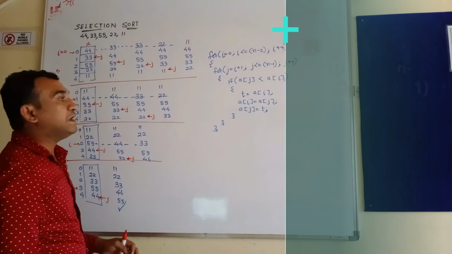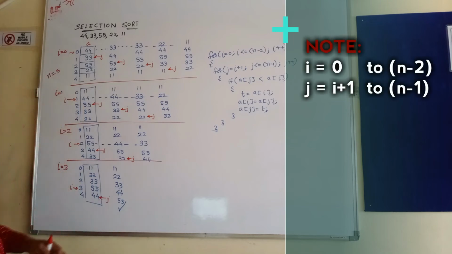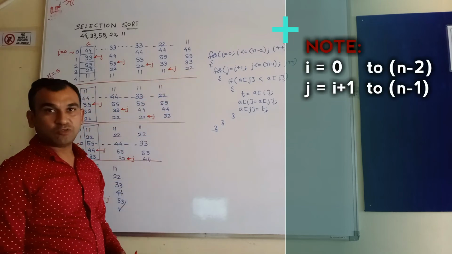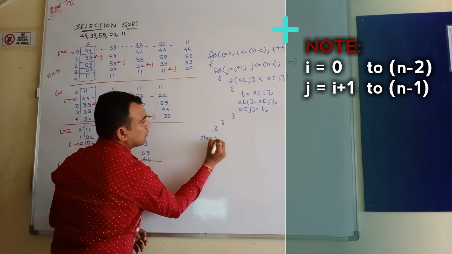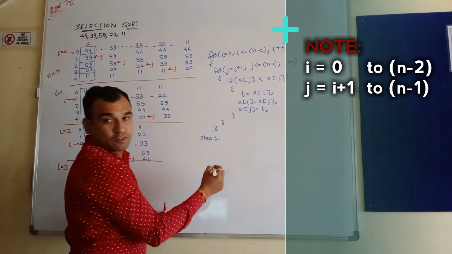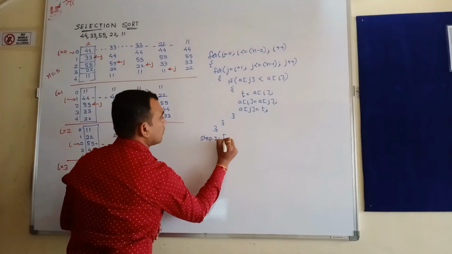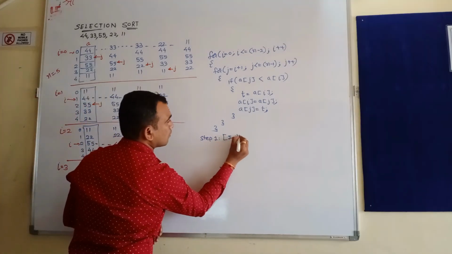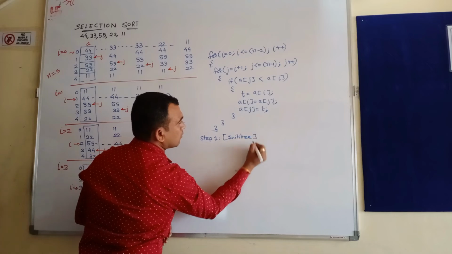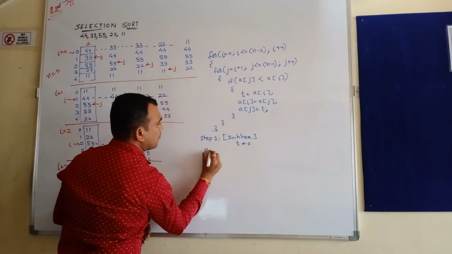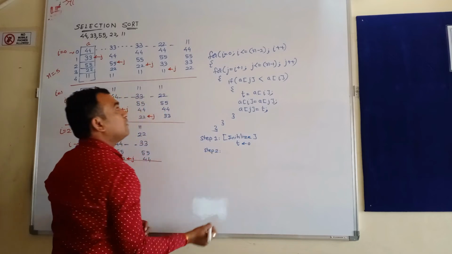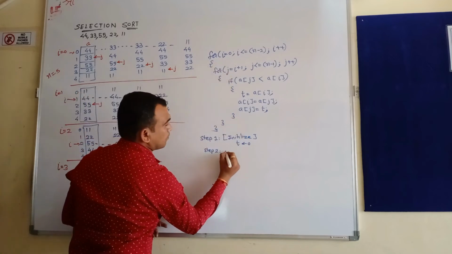Let's start building the algorithm of selection sort. Here we have the loop for the selection sort. Now start with step number 1. Okay. Step number 1, that is initialization. T is equal to 0. Step number 2. We are starting with the I loop.